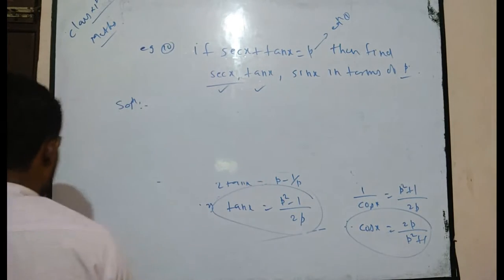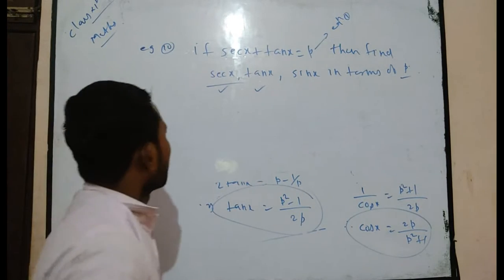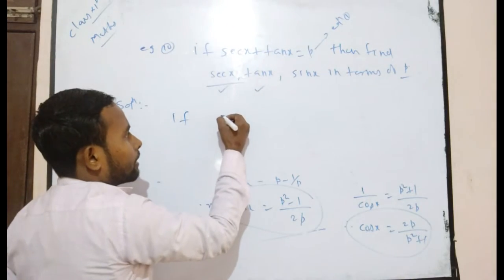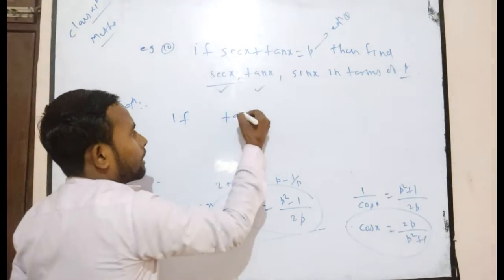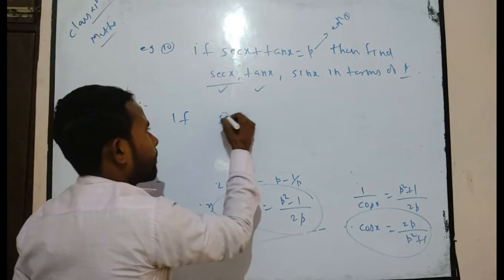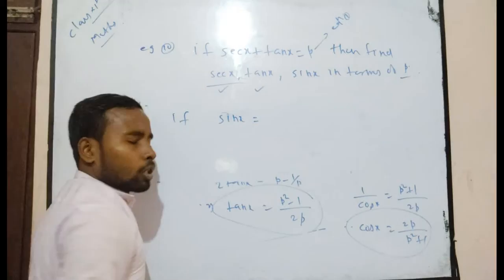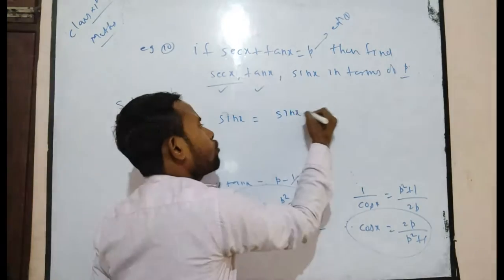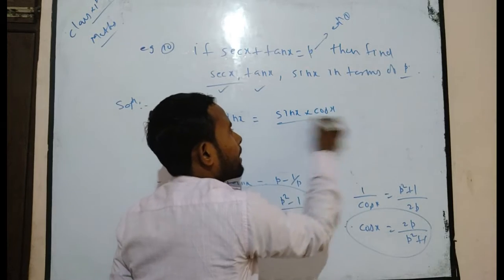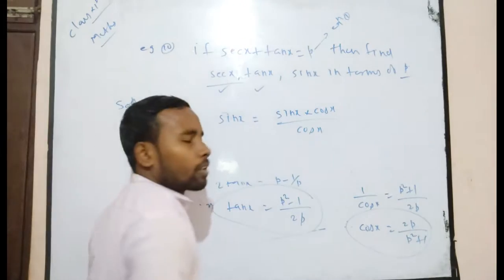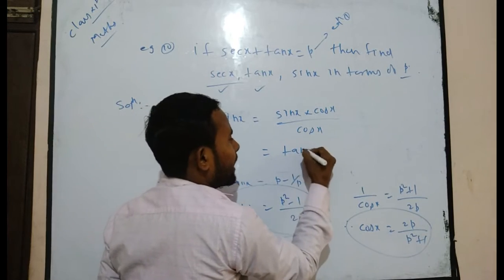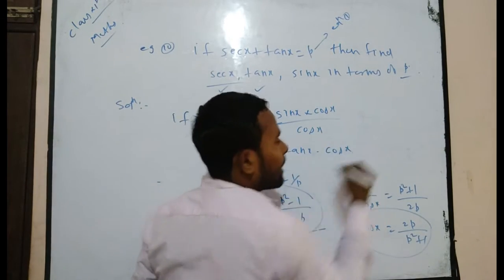As you know, if you find sin x, can you multiply its numerator and denominator by cos x? What will you get? sin x by cos x will be tan x, and cos x as a multiplication.